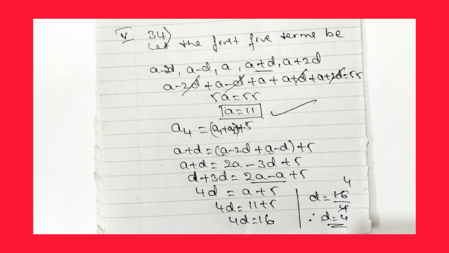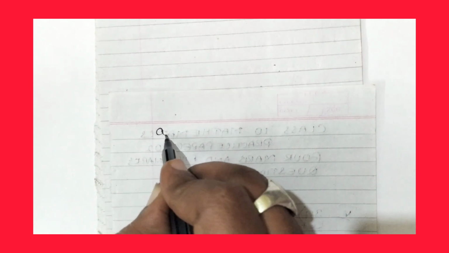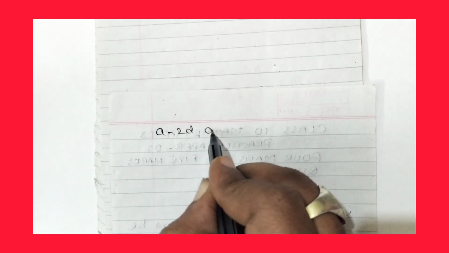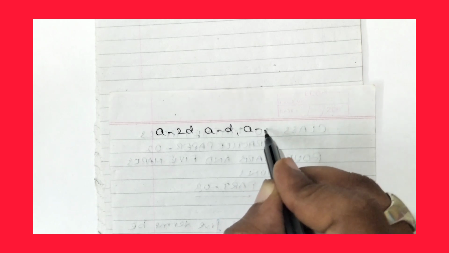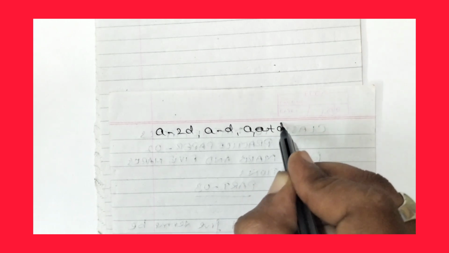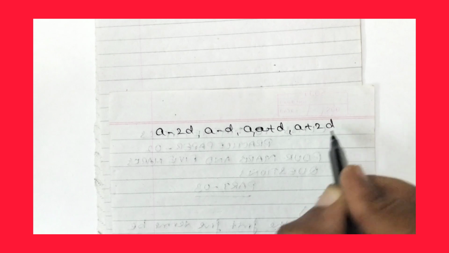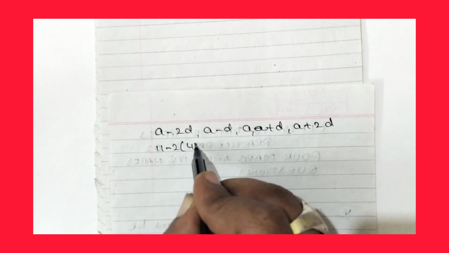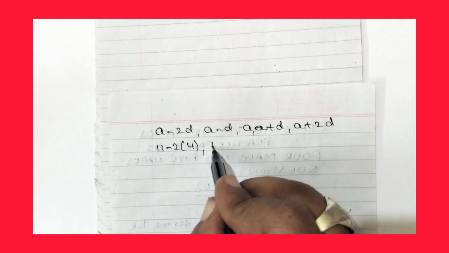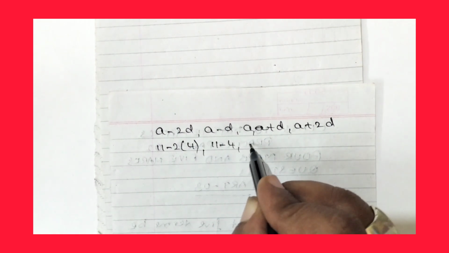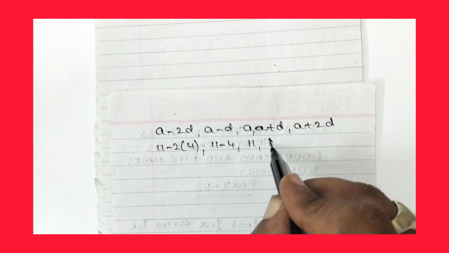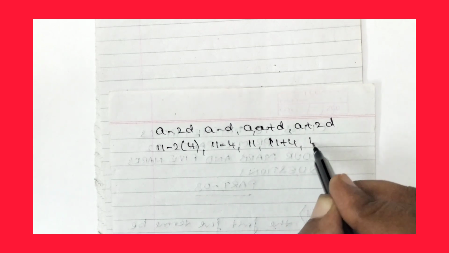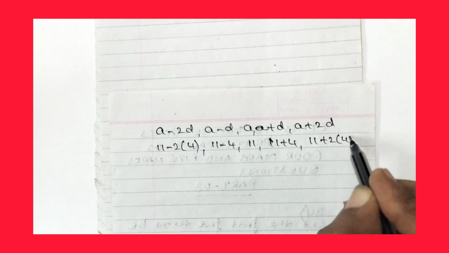After getting the value of d, now let us write the terms of the AP: a minus 2d, comma a minus d, comma a, comma a plus d, comma a plus 2d. So a is 11, 11 minus 2 into d, where d is 4, comma 11 minus 4, comma 11, comma 11 plus 4, comma 11 plus 2 into 4.